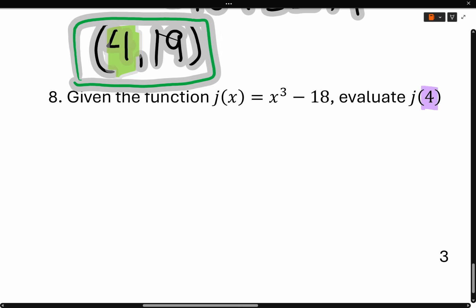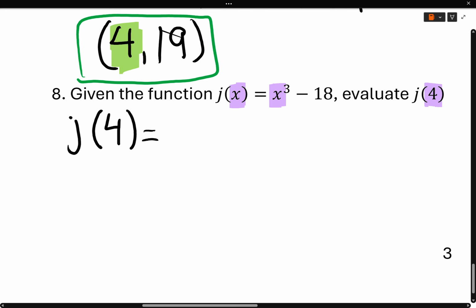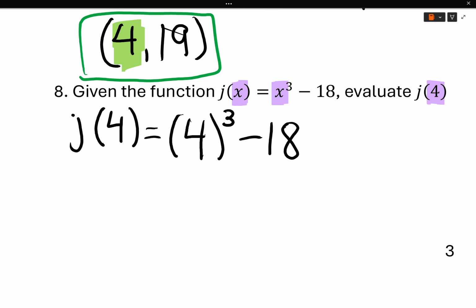I forgot to put a green box around number 6. Okay. Number 8, last evaluation. Let's find j of 4. Just like before, we're going to plug 4 into our function. Again, like the other exponent one, we don't really need to put 4 in parentheses here, but let's stay consistent.